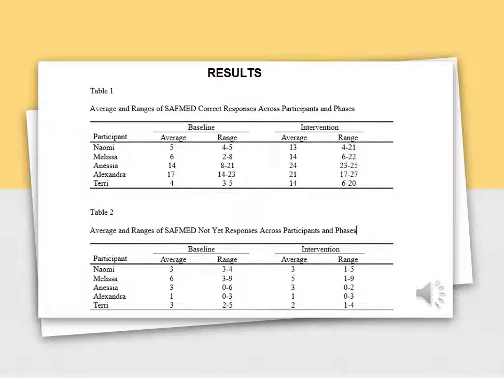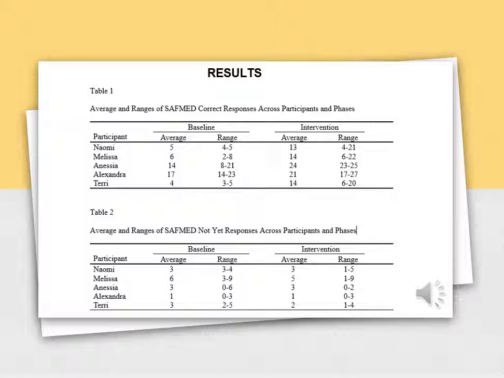The range and average for all participants for both correct responses and not yet responses are attached to the current slide. As you can see, the averages for the participants are as follows: Naomi 5, Melissa 6, Anessa 14, Alexandra 17, and Terry 4.